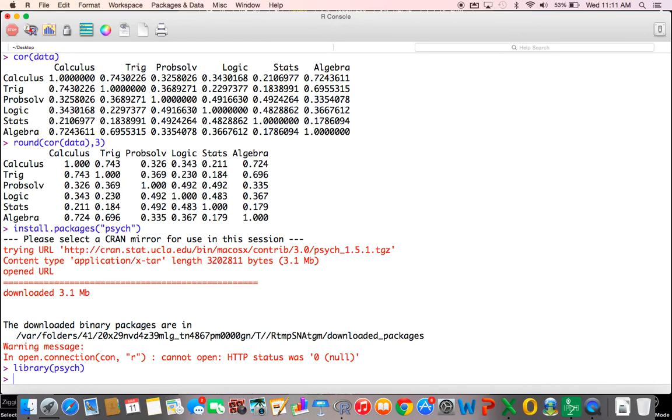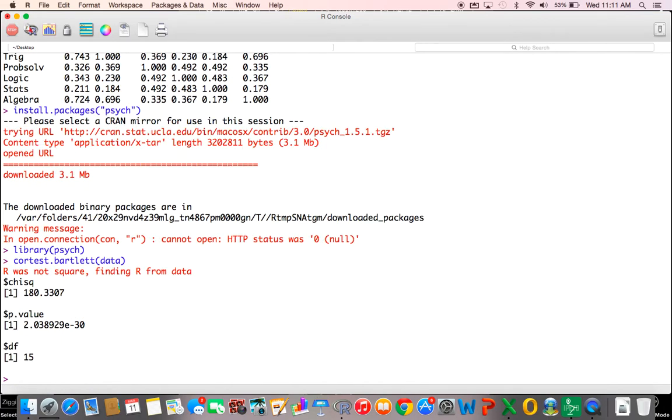So guys, we're going to run the cortest.bartlett of our data. You'll see that the underlying probability distribution is a chi-square distribution. We have a chi-square statistic of 180.3, extremely high. We have a p-value that's e to the negative 30, so very, very, very low, and degrees of freedom equal to 15.